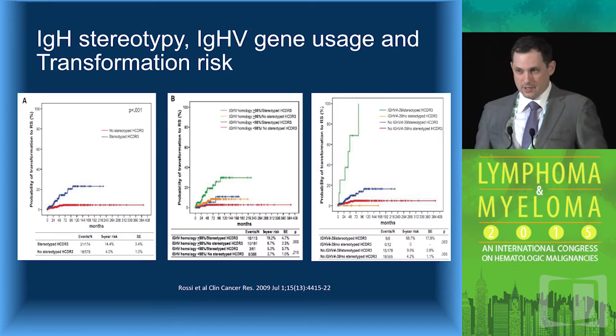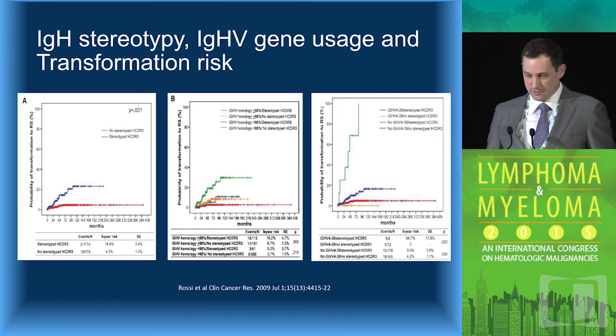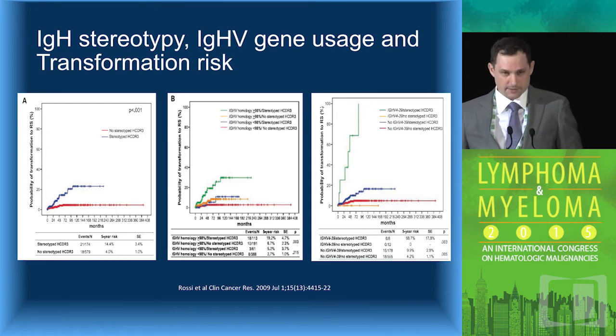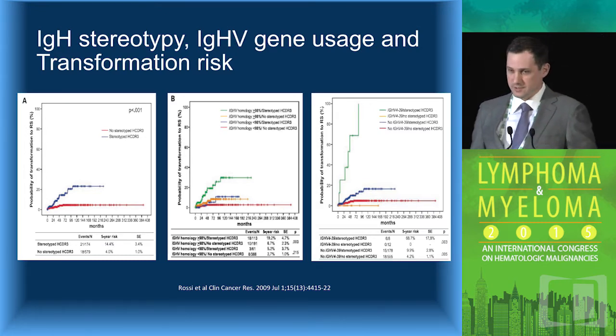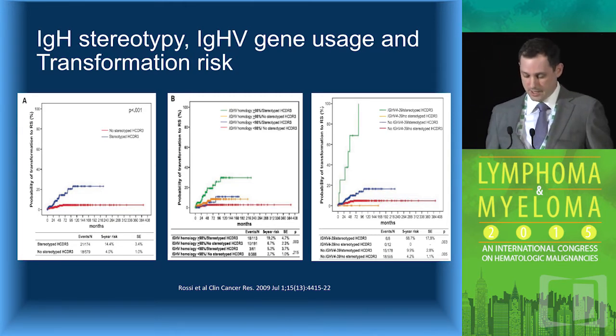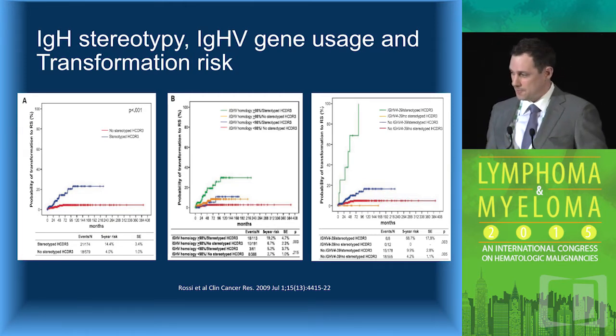Another important biological and molecular risk factor that we find is very important in assessing risk towards transformation is our immunoglobulin stereotyped B-cell receptors.